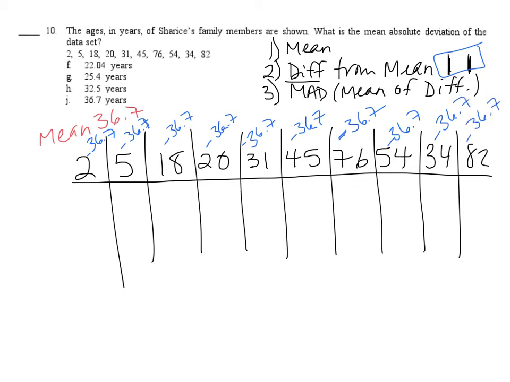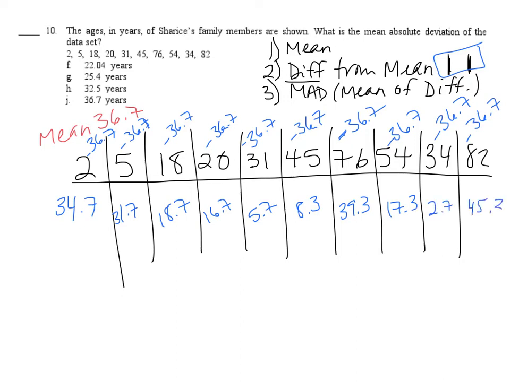So when I subtract, I get 34.7, 31.7, 18.7, 16.7, 5.7, 8.3, 39.3, 17.3, 2.7, and 45.3.